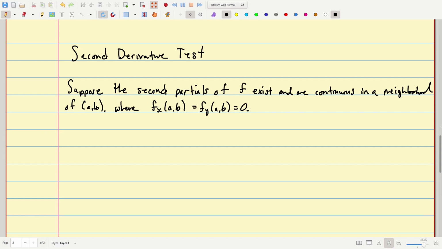Okay, so parenthetically, that makes (a, b) a critical point.